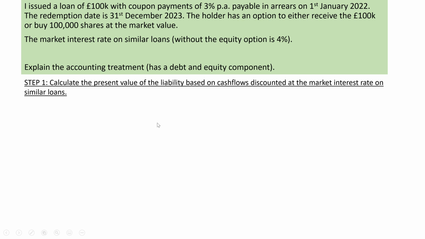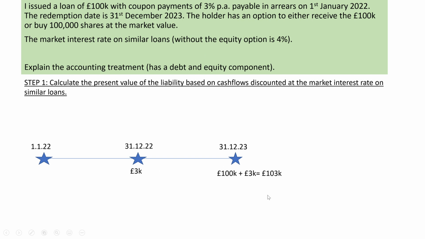So firstly, we draw a timeline out, and so we have 1st of Jan 22, we have our year end date, and then we have 31st of December 23. What cash flows are coming out of the business? Well, you have the 3k payable in arrears, and then you have the 100k principal amount and an additional coupon payment of 3k being paid out of the business at this date.